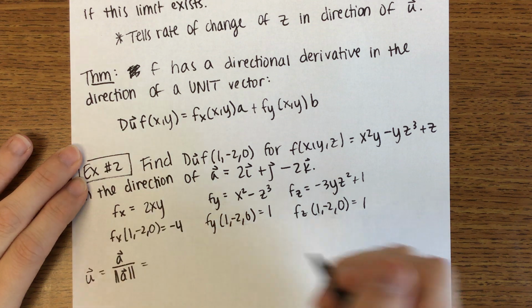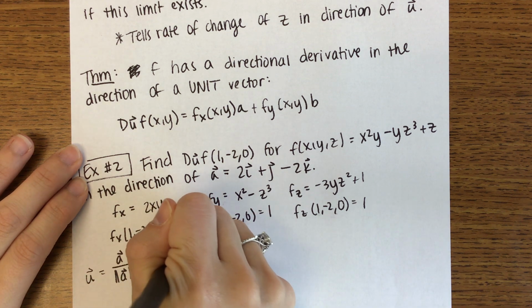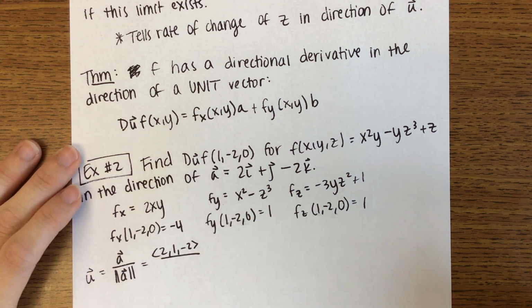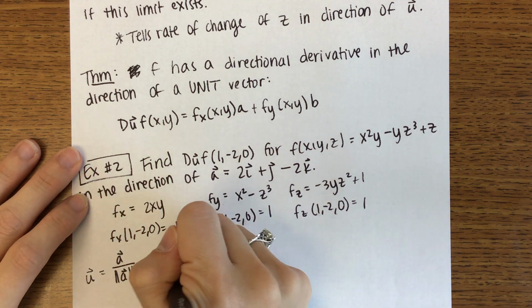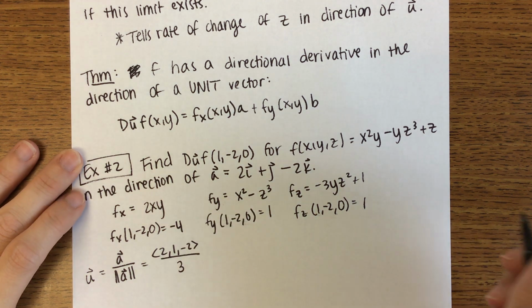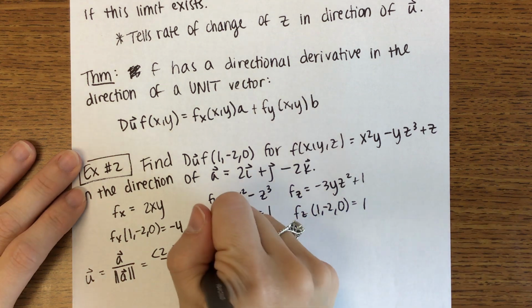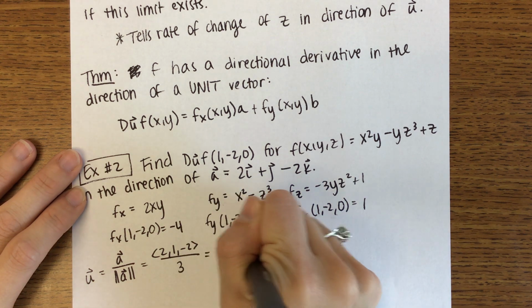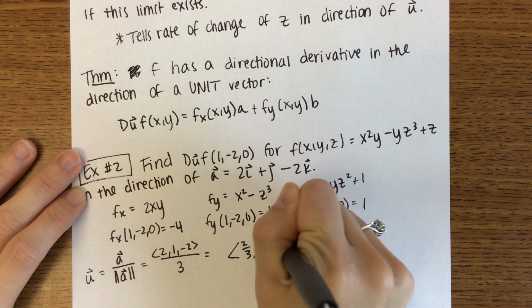So we have 2, 1, -2. The norm is 3. Is it okay that I just tell you that? So this ends up being then 2/3, 1/3, and -2/3.